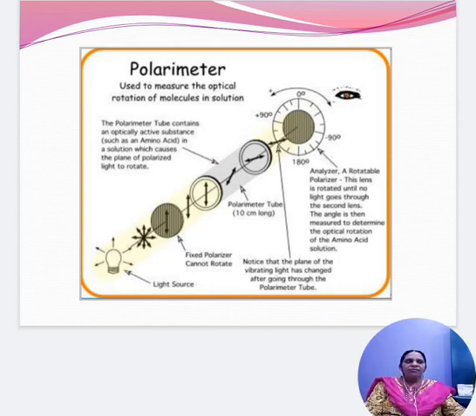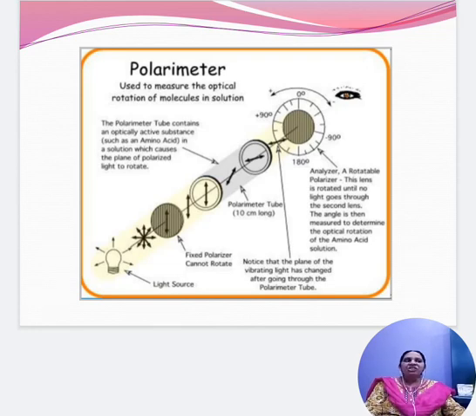After the sample tube, you have an analyzer, which is a rotatable polarizer. This lens is rotated until no light goes through the second lens. The angle is then measured to determine the optical rotation of the amino acid solution. Because of the optical activity of the substance in the sample tube, the polarized light is rotated by an angle.